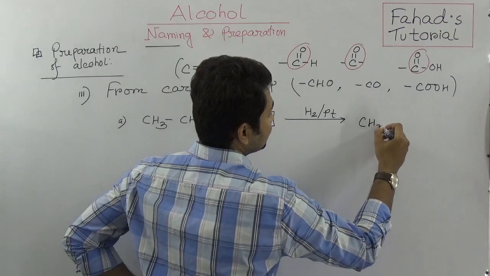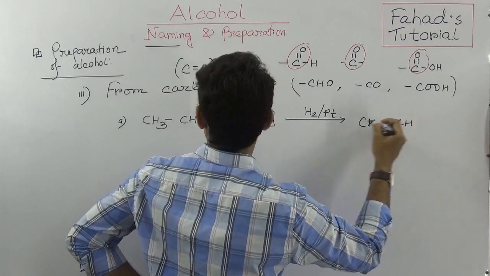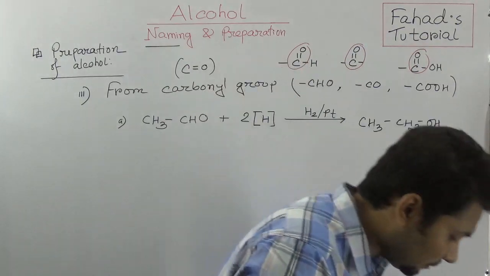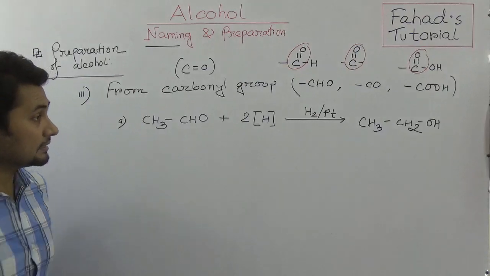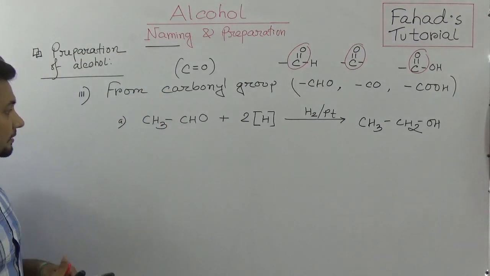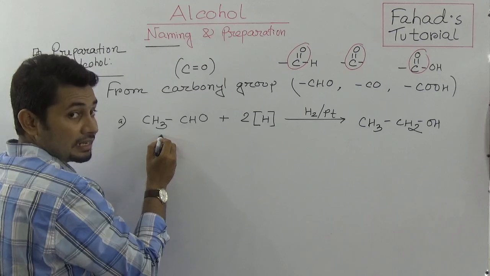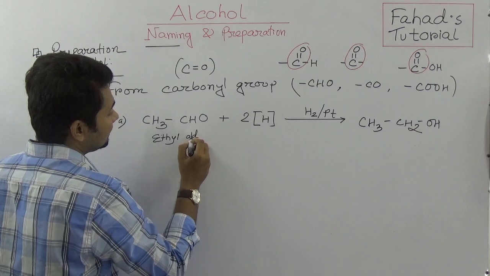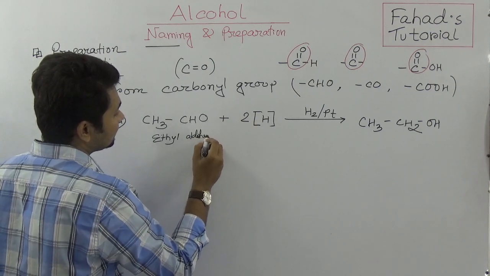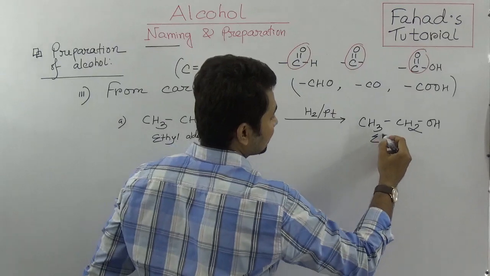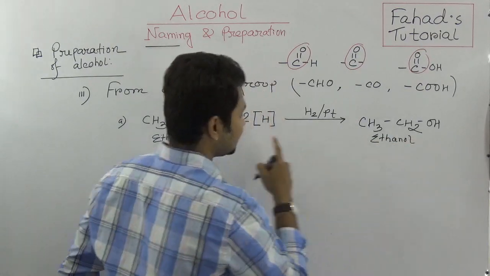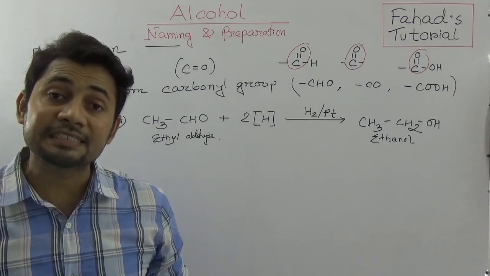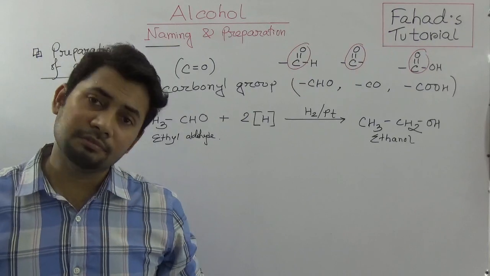So that would be CH3CH2OH. That is ethanol. So this is ethyl aldehyde, and this is ethanol. Very simply, when aldehyde is reduced by hydrogen or nascent hydrogen, then alcohol will be produced.